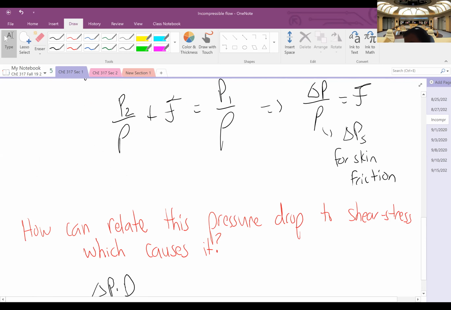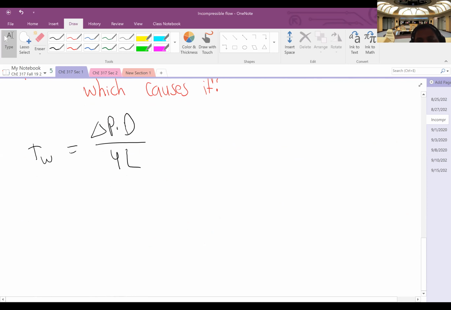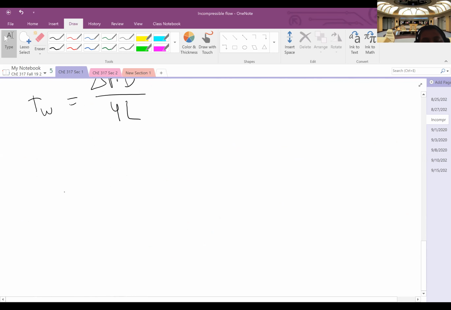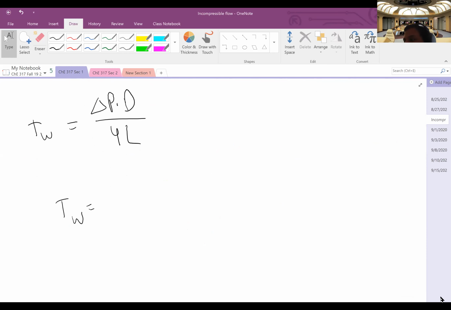Which means if I combine these two expressions, oh, sorry, cut out. I have tau W, oh, I'm missing an expression.